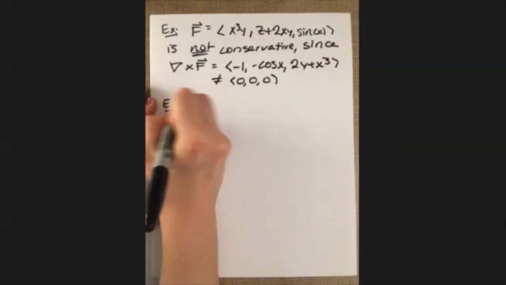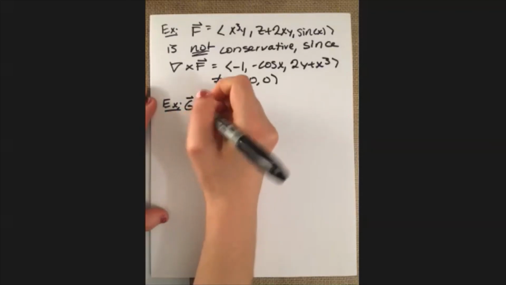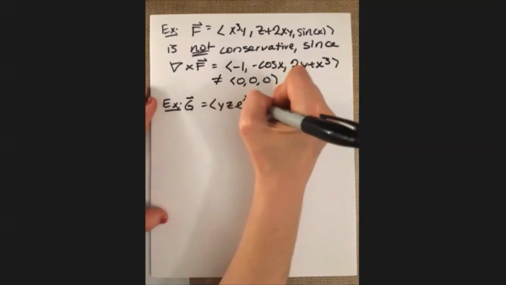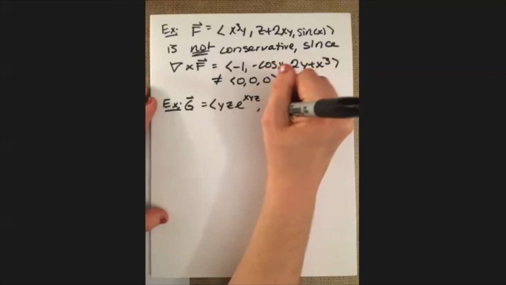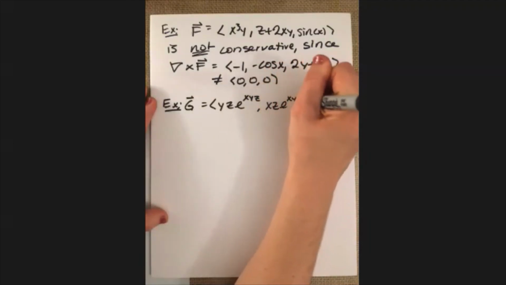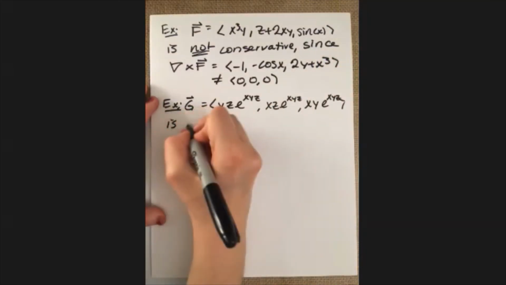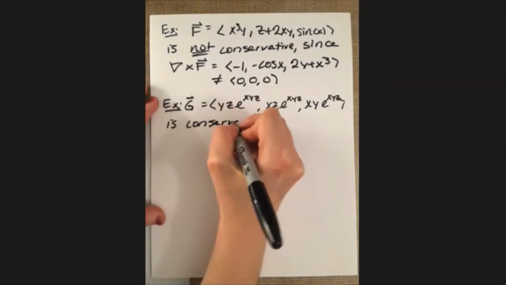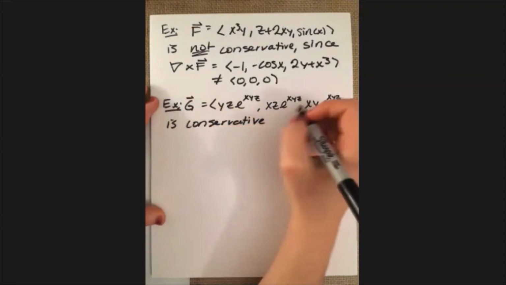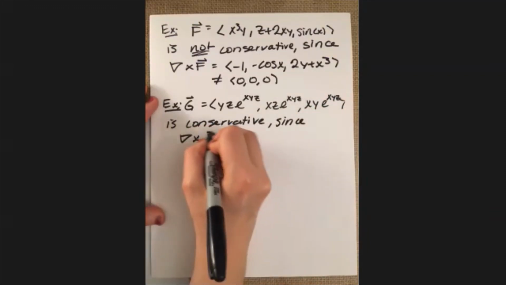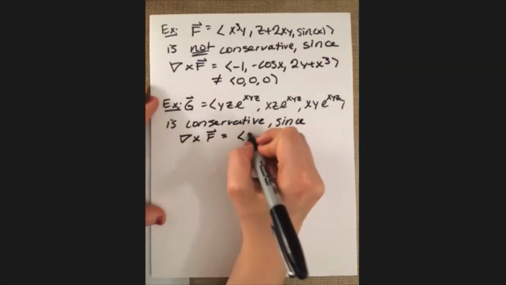However, our other example that we had earlier, g equal to yz e to the xyz, xz e to the xyz, and then xy e to the xyz, is conservative. I'll leave it to you to check the details, but you will find that the curl of this is indeed equal to 0.